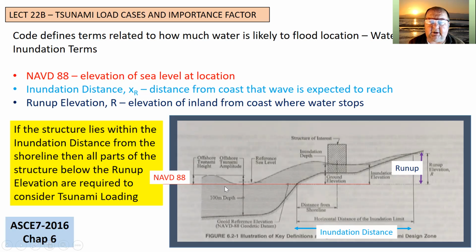Now a tsunami is generated. The water comes in. That water begins to wash into the land. Eventually, it reaches its combined total inundation distance. That is how far would that wave actually travel before it stops?